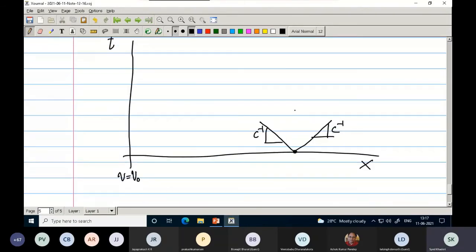But in a wave propagation problem, any information at any location will flow on either side of the bar. If you have a rod and you give a small disturbance, the disturbance will propagate to the left as well as to the right, at the wave speed c, and that's what this c inverse is.